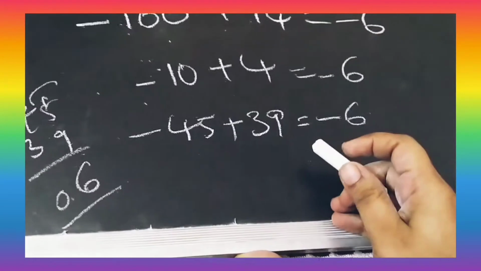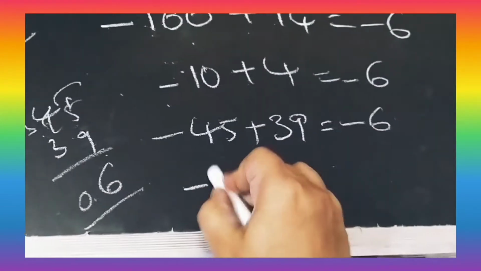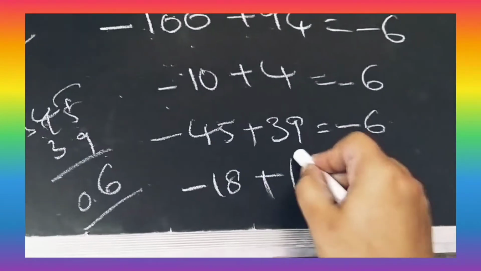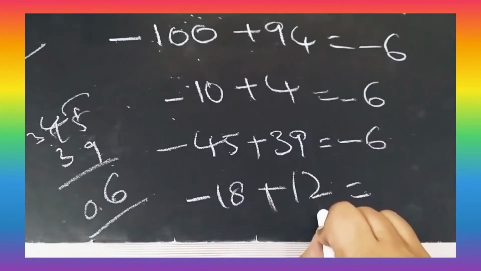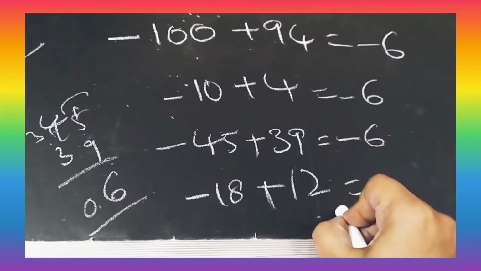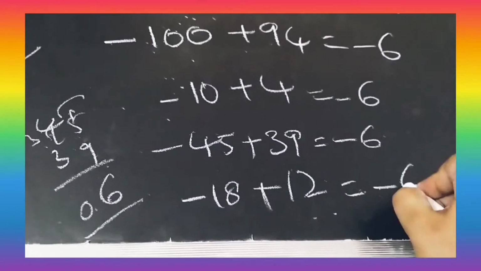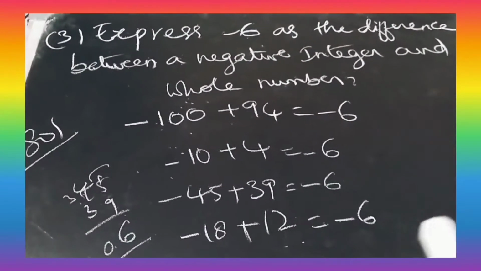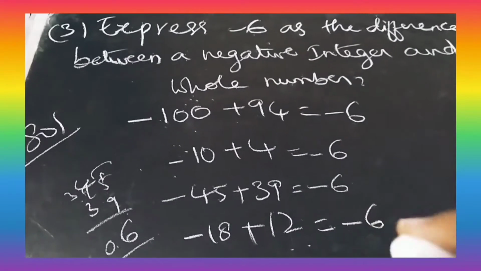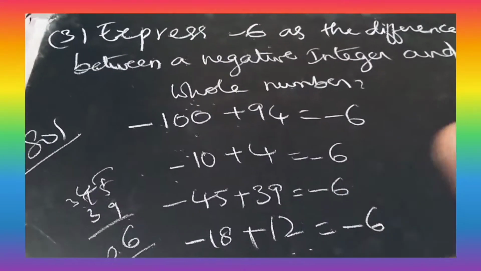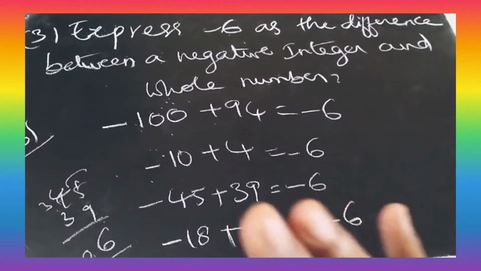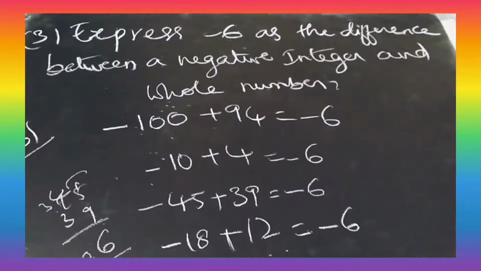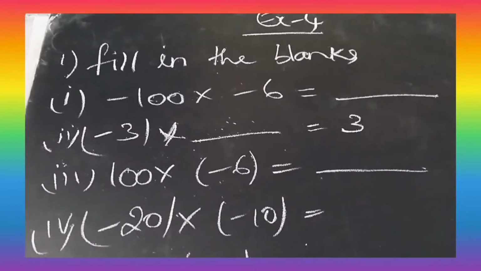One more number will write, minus 18 plus 12. It is again 6. 18 minus 12 you have to do. It is again minus 6. So express minus 6 as the difference between a negative integer and a whole number. If you are doing a difference between a negative integer and a whole number, you have to get the answer minus 6.